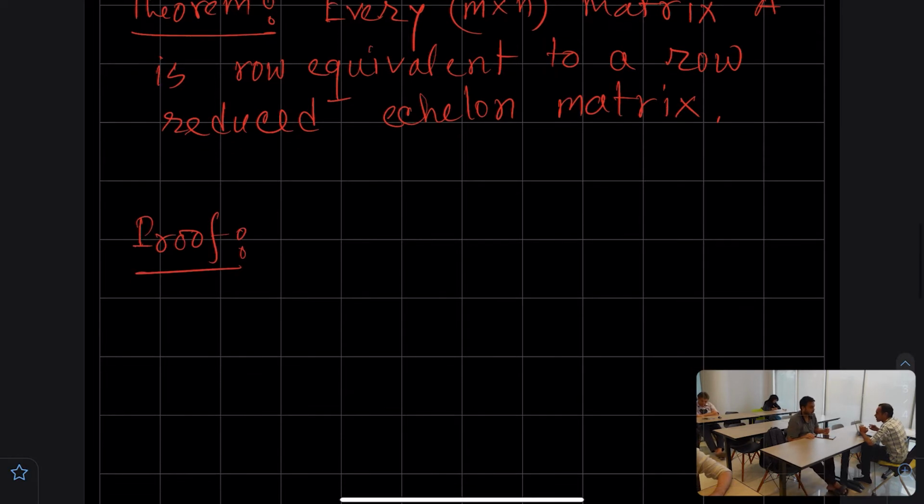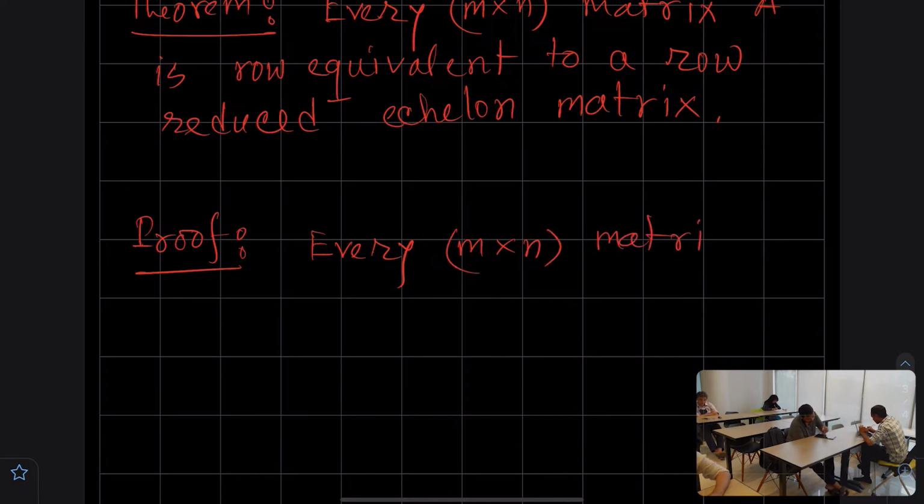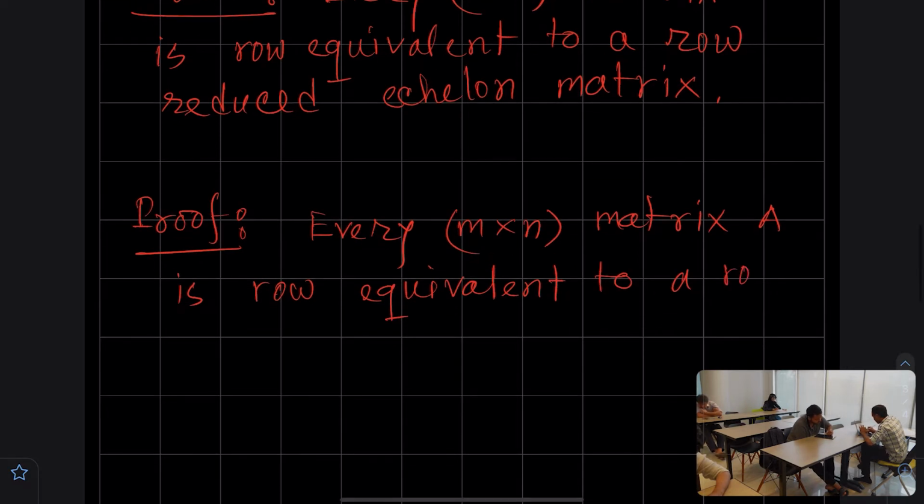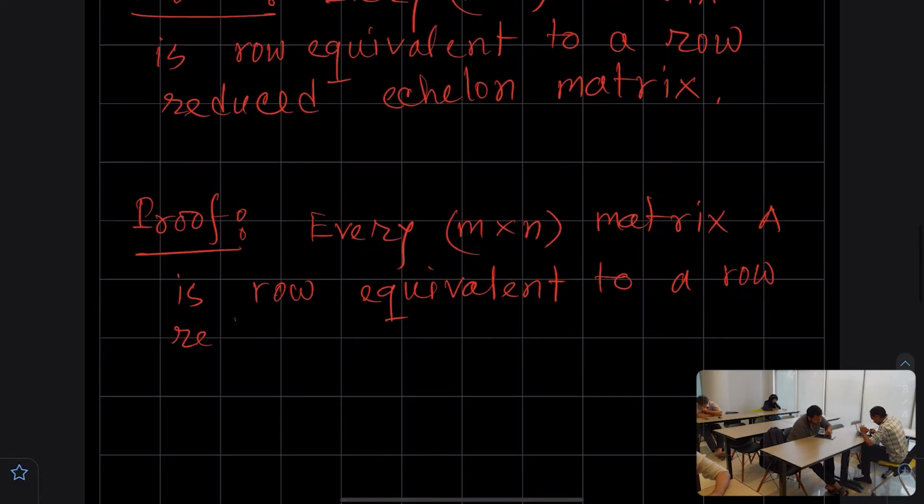From the previous lecture, we know that every M cross N matrix A is row equivalent to a row reduced matrix.